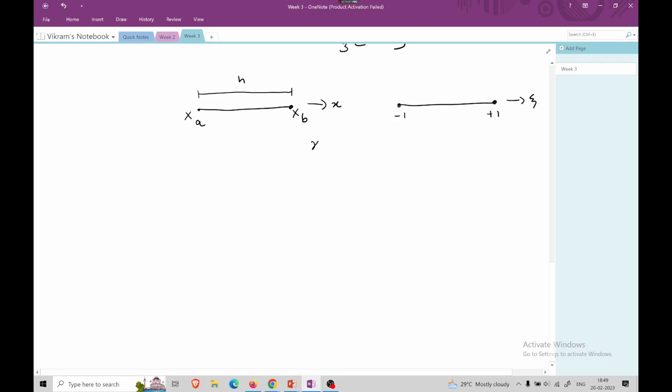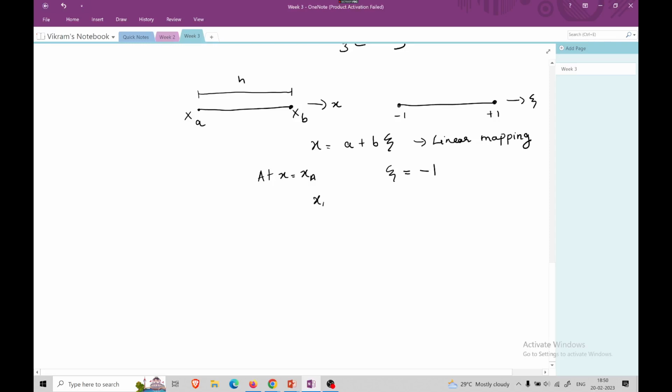So your mapping is x is equal to a plus b times eta. This is a linear mapping. How are we going to map? You have 2 points. At x equal to xa, what is the value of eta? Corresponding to xa, your eta value is -1.